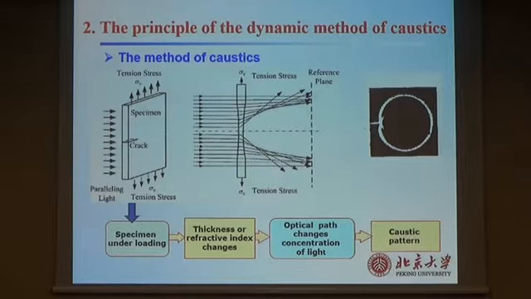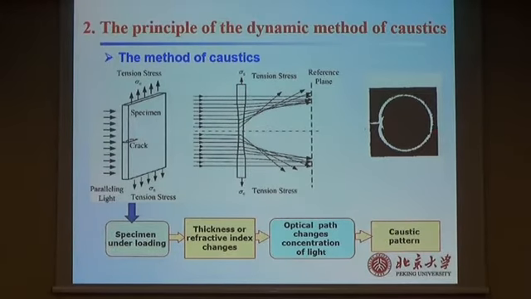If the light rays transmit through the sample, behind the specimen we can put a screen, and you can find a dark spot surrounded by a bright circle.